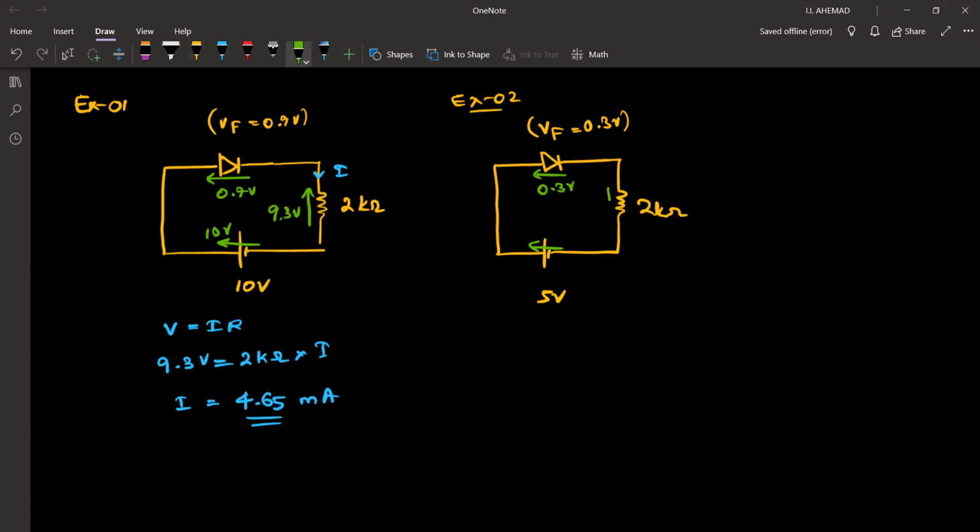Then the remaining 4.7 will drop across the resistor. So apply V equals IR to find out the current. 4.7 volts is equal to I into 2 kilo ohm. Therefore, I is equal to 2.35 milliamperes.